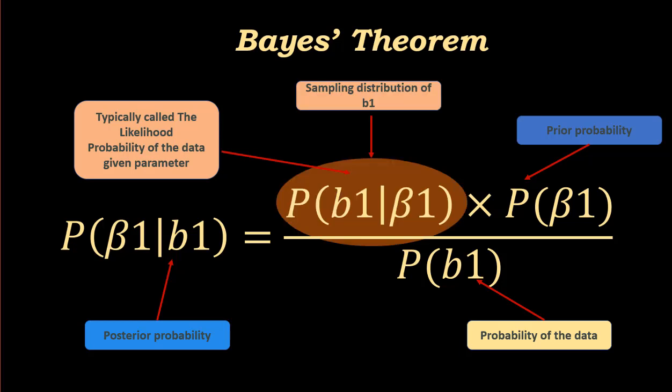Now let's see. The first element that I want to direct our attention to is the probability of the data given the parameter, because this is something that the traditional method and the Bayesian method share.